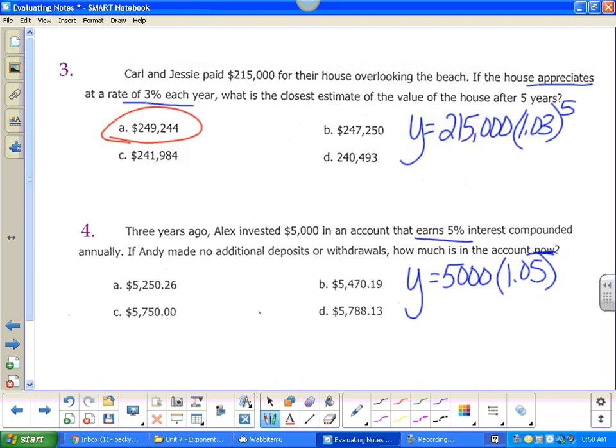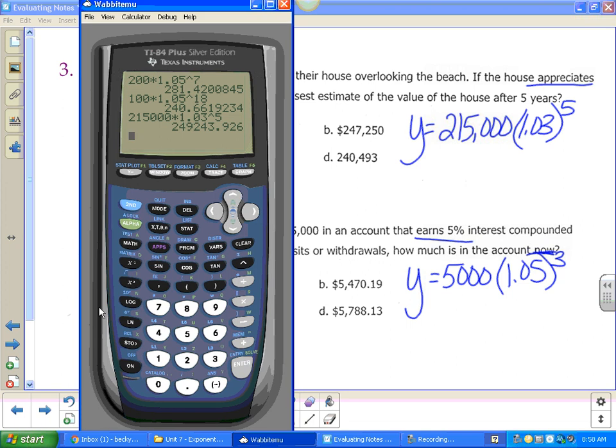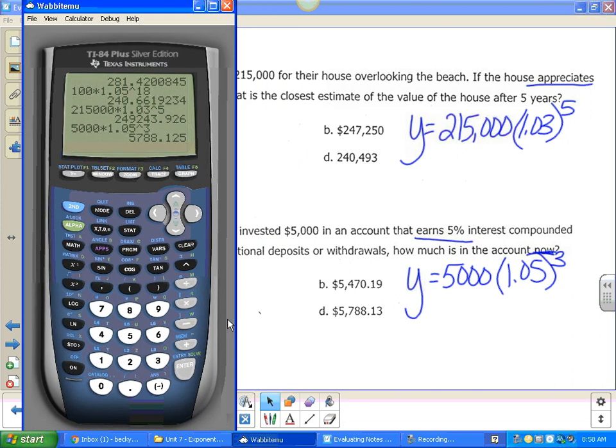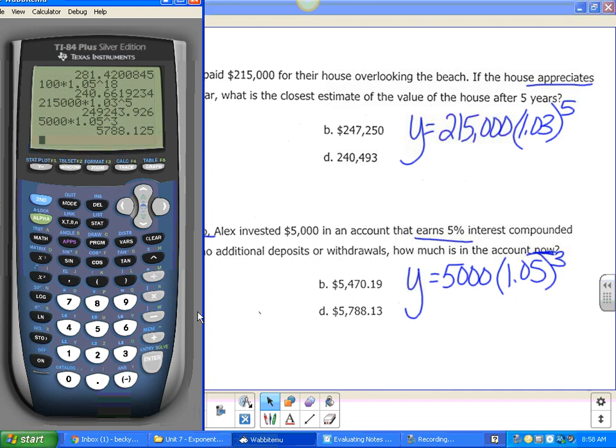Well, how many years is that? Well, 3 years ago is when he put it in there, so it's been going for 3 years. And then I just take my calculator, 5,000 times 1.05 to the 3rd, $5,788.13. Looks like D.